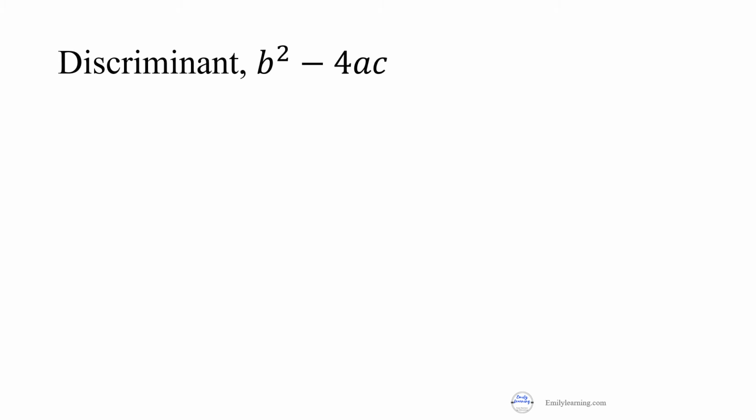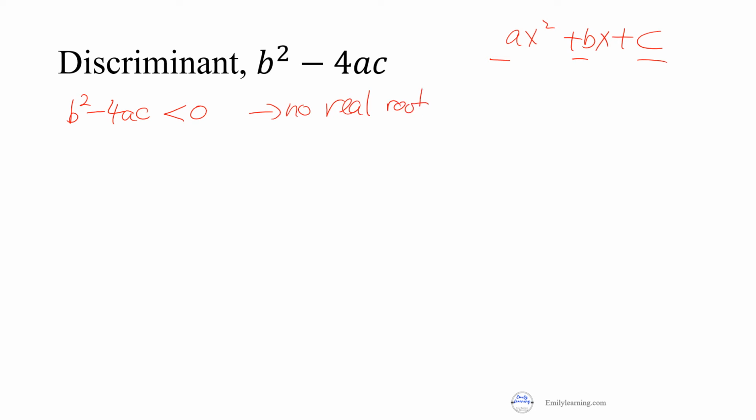The discriminant b squared minus 4ac, the a, b and c come from the coefficients of the quadratic function. When b squared minus 4ac is lesser than 0, there are no real roots. When b squared minus 4ac is equal to 0, there are equal real roots.